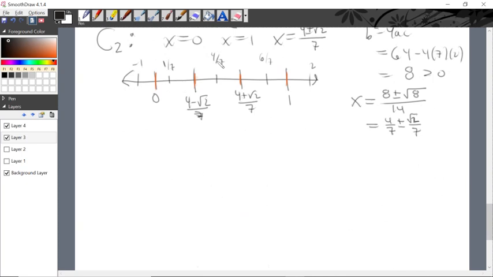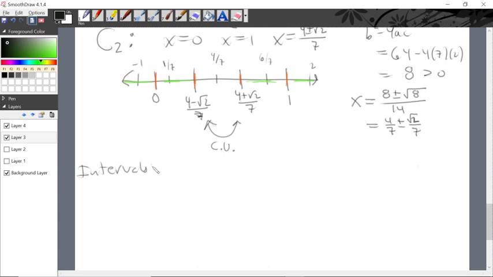So recall we checked already what the second derivative is at 4/7. So f double prime of 4/7 we found earlier was positive. So we already know that it's concave up on this region right here. So we have to test still in this interval, this interval, this interval, and this interval. We have 4 intervals remaining to test on.